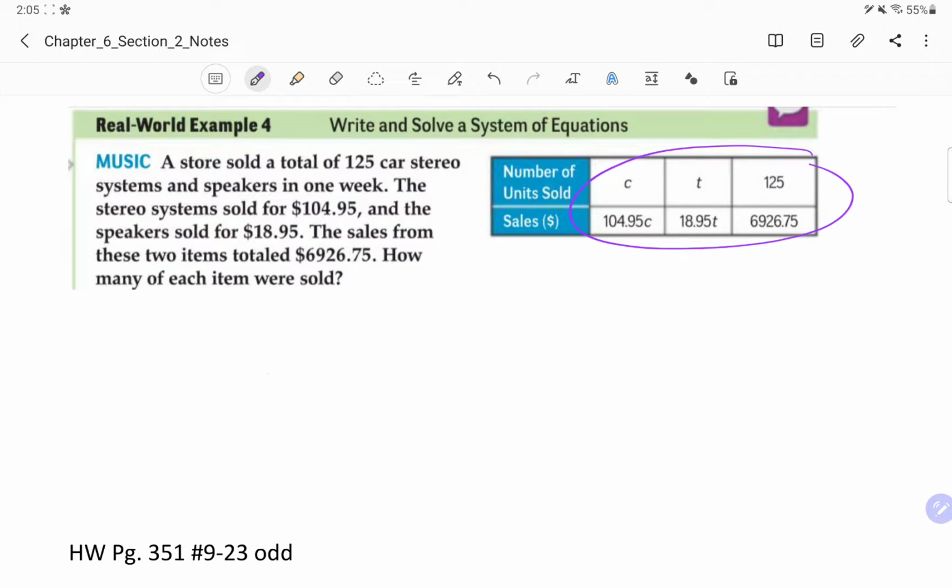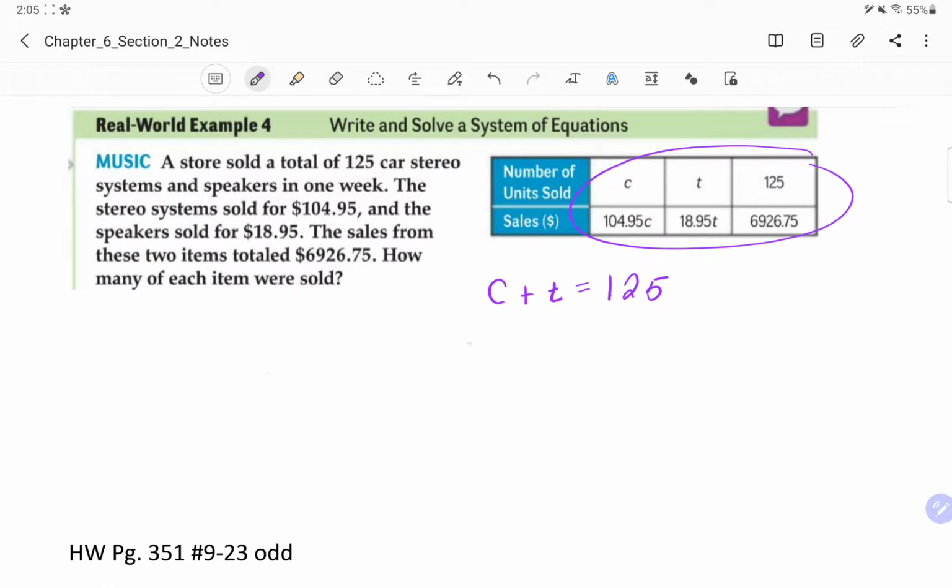So we have our number of stereos sold. Okay, they called those C. So this is our stereos and these are our speakers. So if I take the number of stereos plus the number of speakers, I need to get 125 because that's how many I sold. I don't know how many speakers or how many stereos they sold, but I know total they made 125.